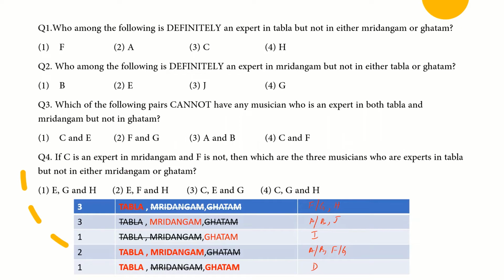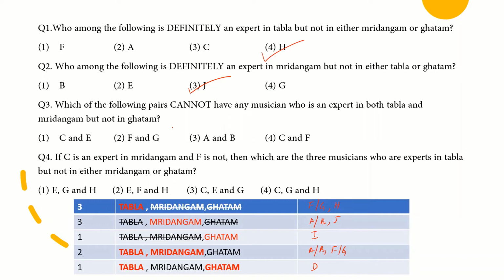So immediately by looking at this table, we can have it as the answer. Who among the following is definitely an expert in mridangam, but not in either tabla or ghatam? J is the answer.